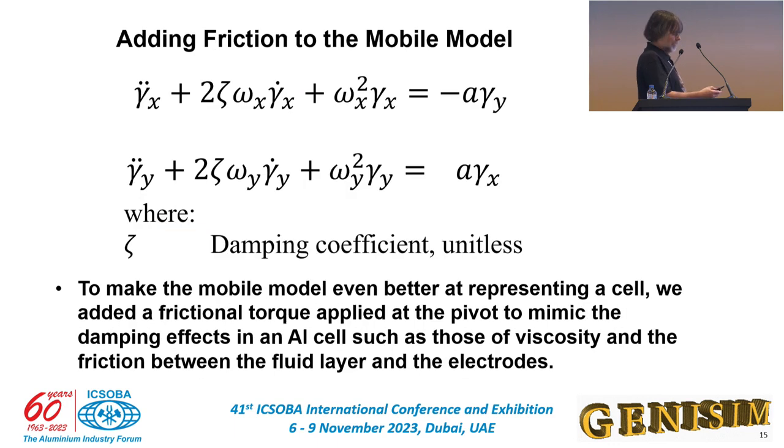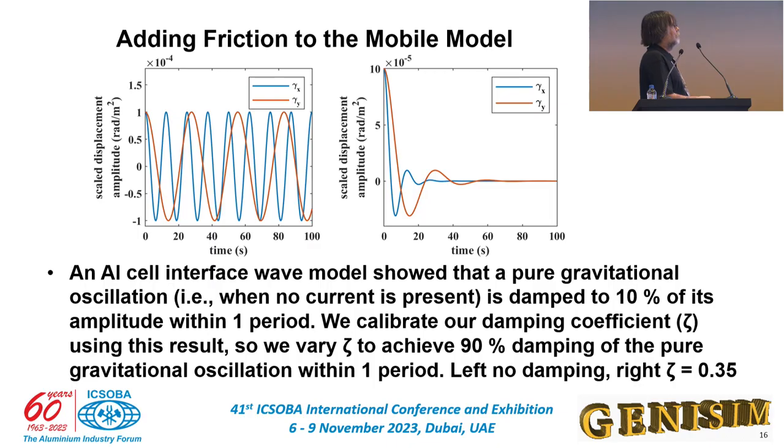So now after that, I'm introducing a second innovation to this model. I'm introducing a damping coefficient that is simply put here in the term of the motion of the plate. Then I had to find a value for this new parameter. What I did to adjust it is I used the result I obtained with the full 3D OpenFOAM model of gravity wave damping, where I was getting a very quick damping, to calibrate my friction coefficient.